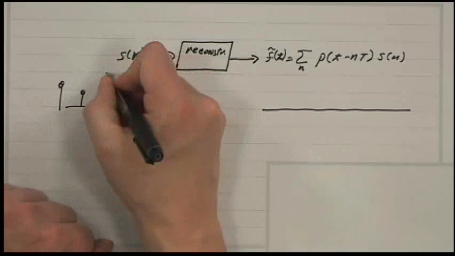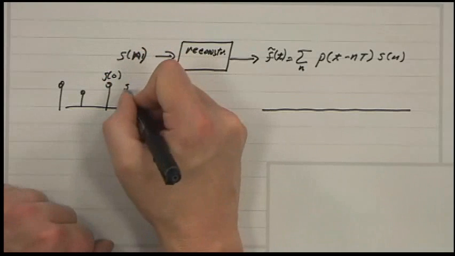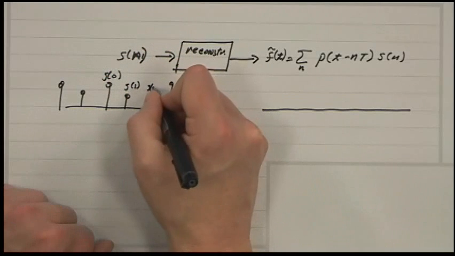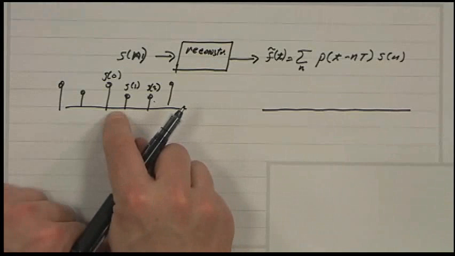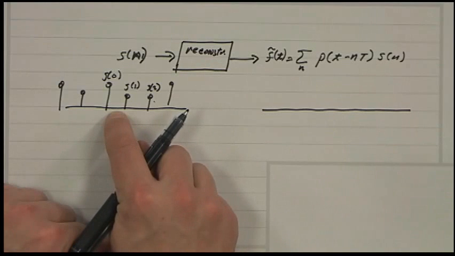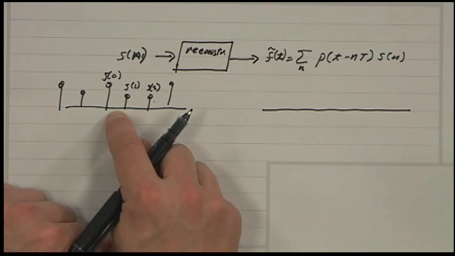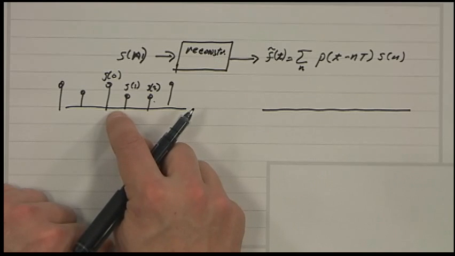So this would be like S of 0, and this is S of 1, this is S of 2. What's the value halfway between? Is it 0? No. It's not 0, right? Is it infinity? No. It's not. Okay, it's not defined.